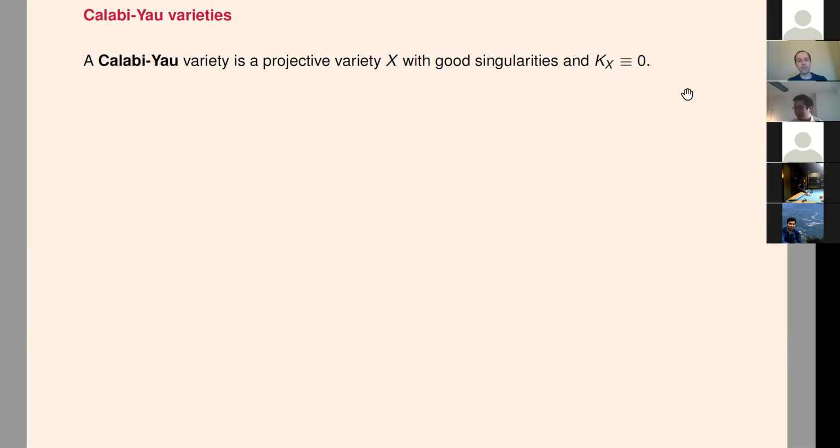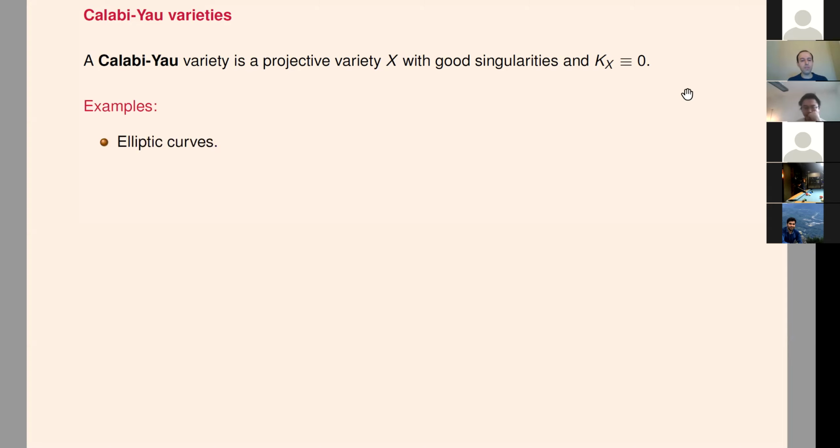In some places, people put more restrictions on defining a Calabi-Yau variety. For example, they assume it is smooth and K is linearly trivial, it is simply connected, and so on. But we don't put that kind of restriction. So this is a very general kind of definition.